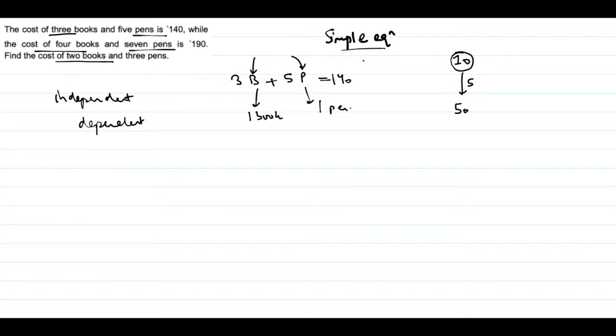But the total cost depends on the number of pens and the number of books. Here I have taken it as a constant, but suppose I say X books and Y pens. The cost of X books will be X into B, the cost of Y pens will be Y into P, and this will turn to the total cost.